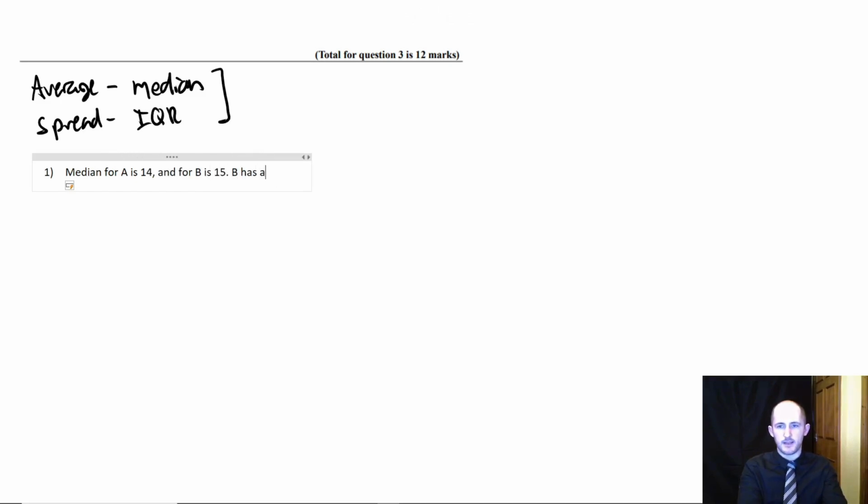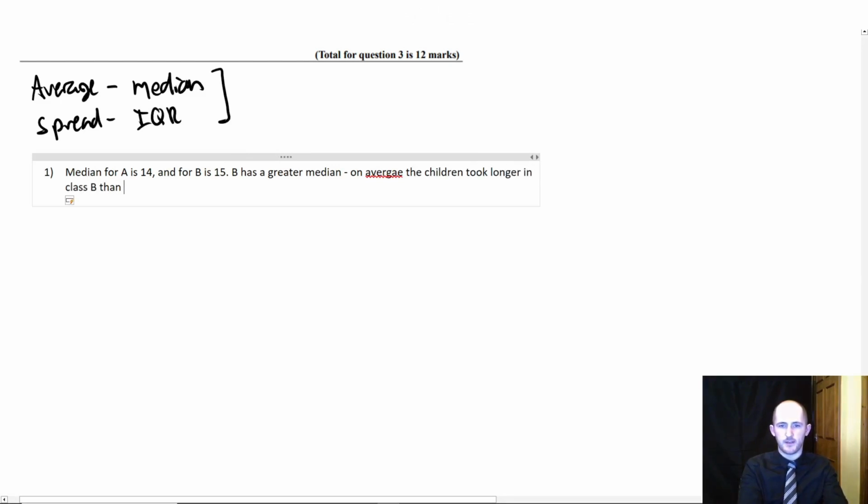So B has a greater median. On average, the children took longer in class B than class A. Okay? Easy as sin. That's all you need to do for that part, okay?